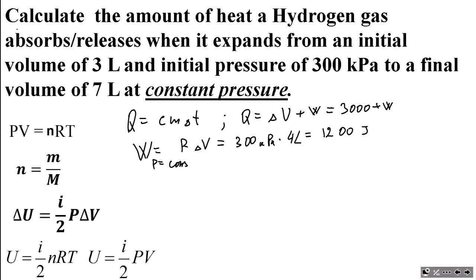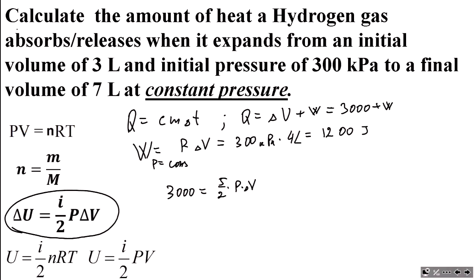Now, there is also another approach which sometimes may be at least as quick as this one. We know that the change in the internal energy is equal to 3,000 joules. And we know that change in the internal energy is equal to I over 2 times pressure times change in the volume. But this is work.